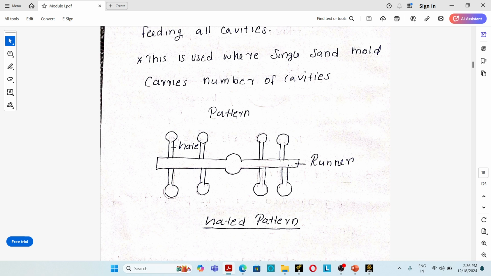That's the characteristic of gated patterns. The main important point of a gated pattern is that it is only used for mass production of small castings.